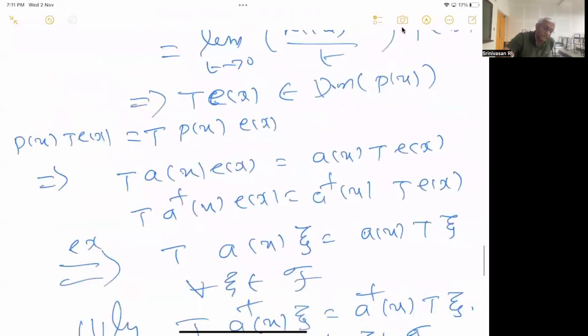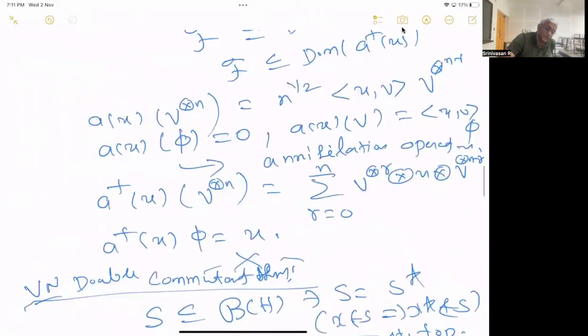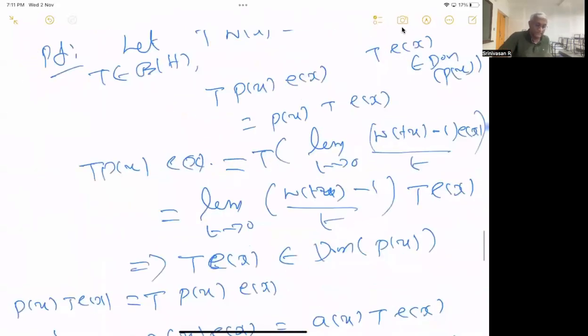Here it's only symmetrization, so for the dagger there possibly is no constant. For the annihilation operator there may be a square root of n, I don't know. If you do the computation, it will be clear.